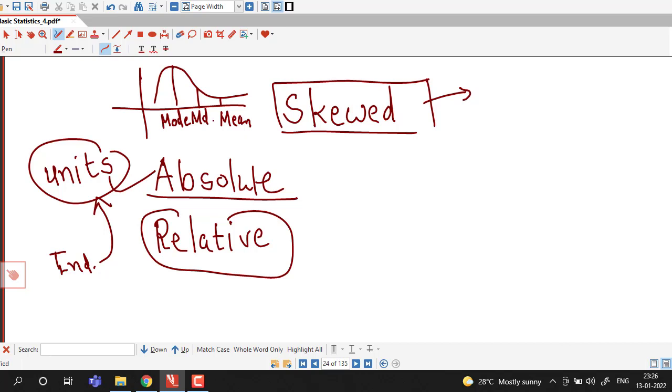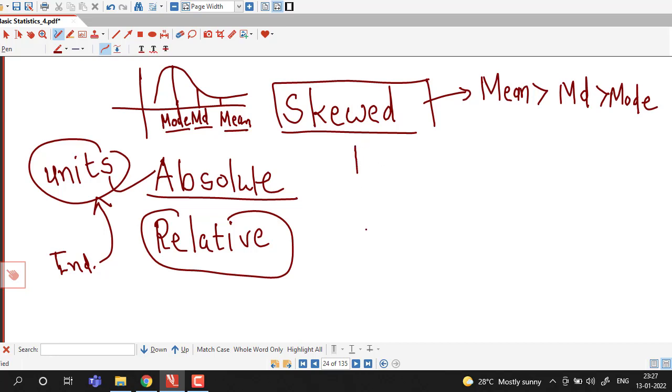That means mean, median and mode do not coincide for a positively or negatively skewed distribution.